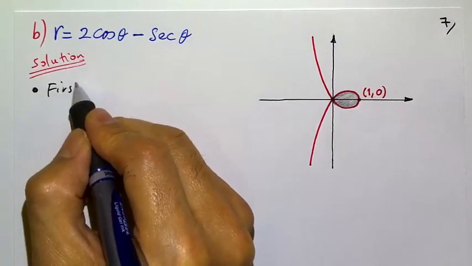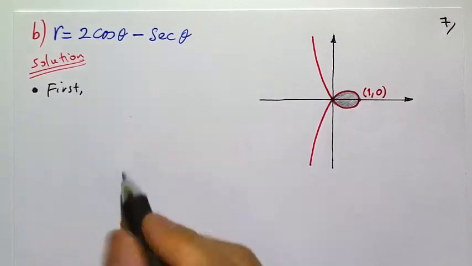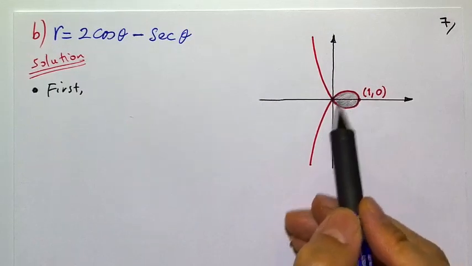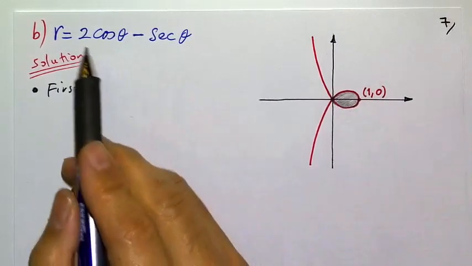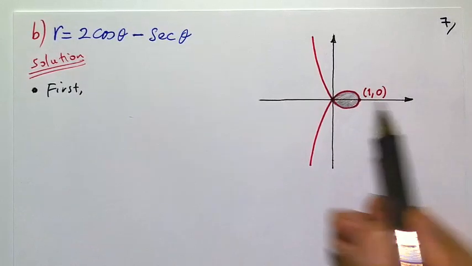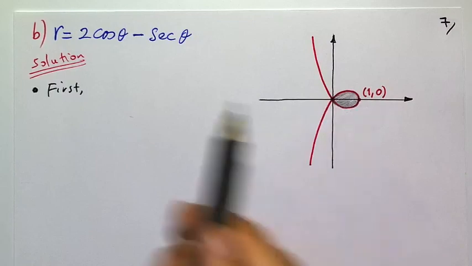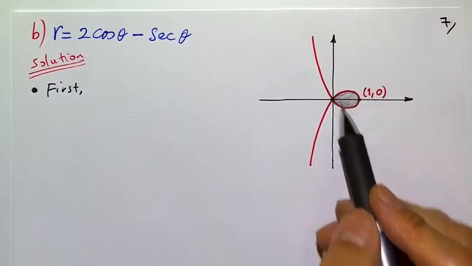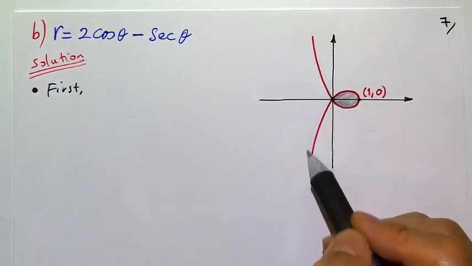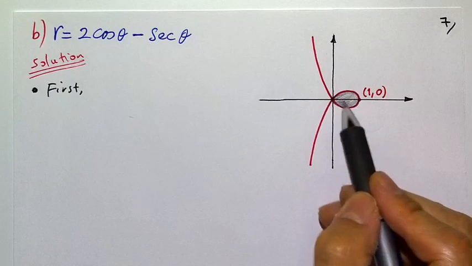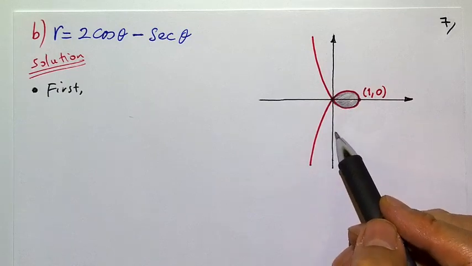So first thing, the entire domain, because this curve goes beyond just the loop, right? So we're interested in knowing for which theta values we're going to get just the loop. We don't care about the rest of this. Just the area enclosed by the loop is what we're interested in.